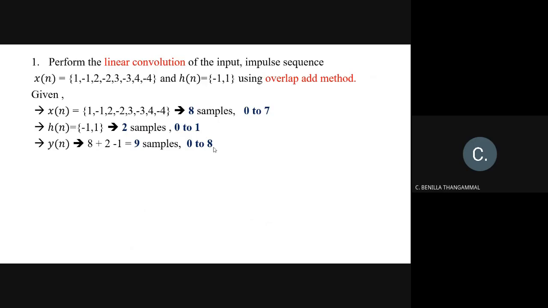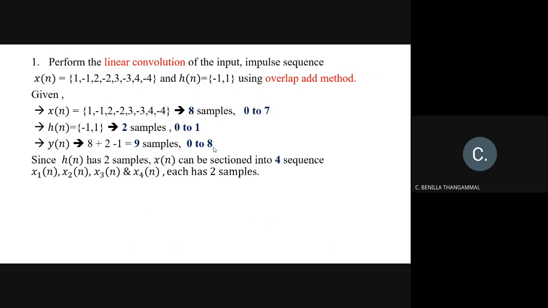The first step is to section the lengthier sequence according to your h of n. Since your h of n has 2 samples, I'll be sectioning your x of n into 4 sequences, where each and every sequence is going to have 2 samples. So first I'll section the larger sequence into 4 smaller sections.